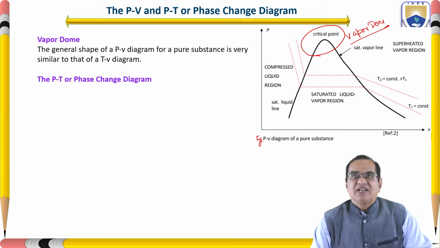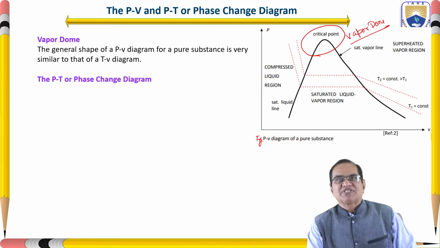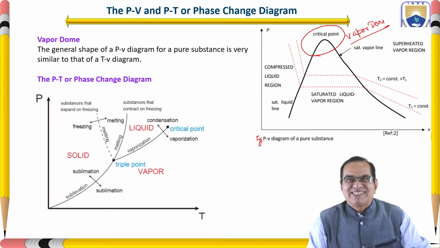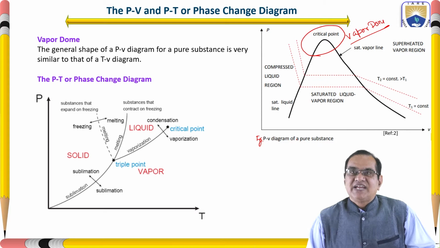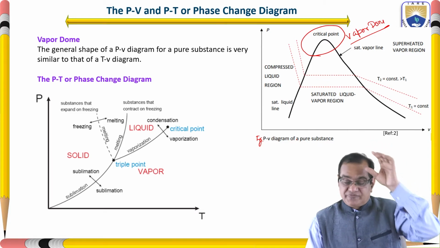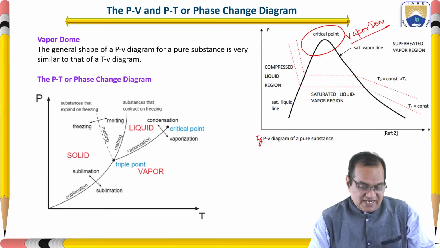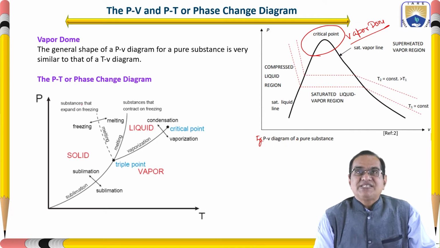The PT, or phase change diagram, is the pressure and temperature diagram. Here you can see the triple point very clearly distinguished. This is a P and T diagram, and here is the substance that expands on freezing.